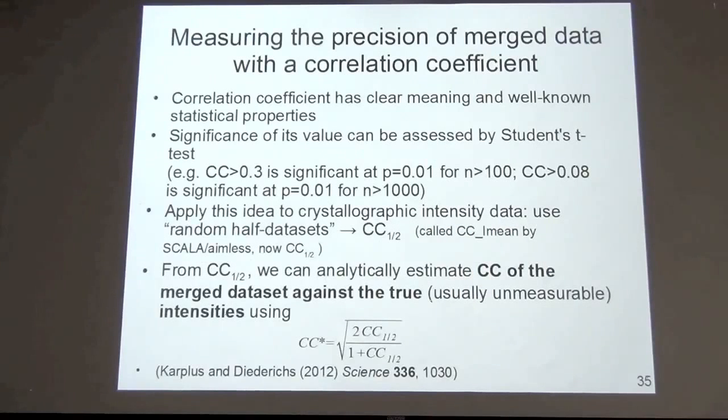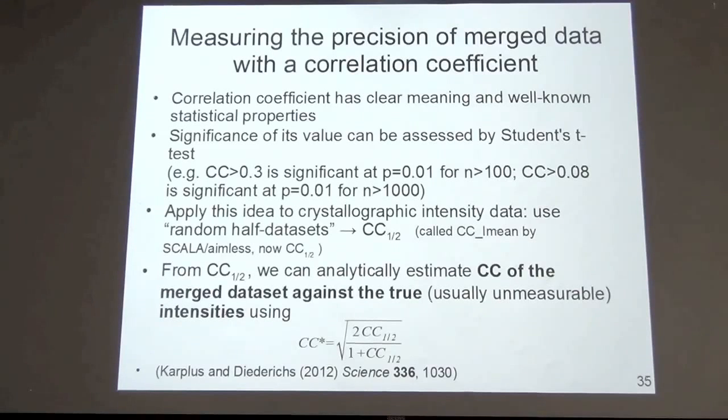So now, how does a correlation coefficient help us? So we have seen that doing this paired refinement technique, we find that high resolution data are seemingly good for our refinement, but how can we show it? By looking at the precision indicator for the merged data. Now let's look at the correlation coefficient. It has very well-known properties.